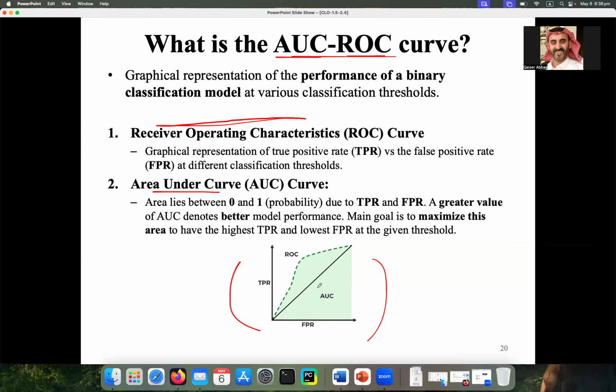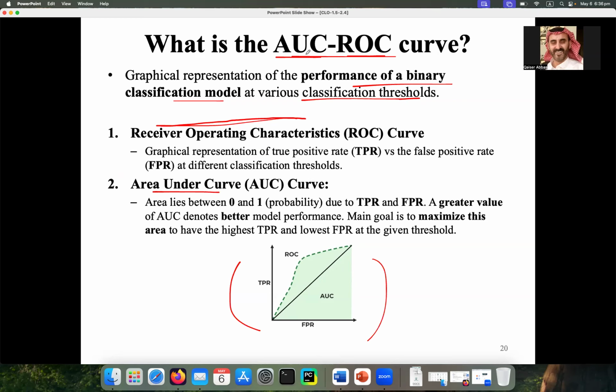Through this graphical representation, we can see the performance of a binary classification model by supplying it various thresholds. By setting different thresholds, you can check the performance of your model.